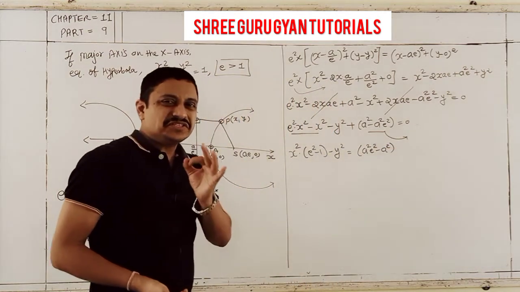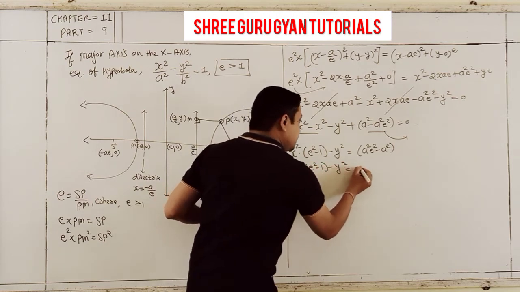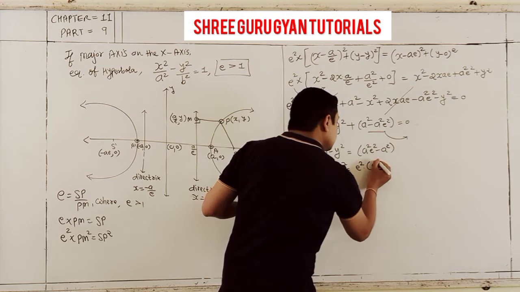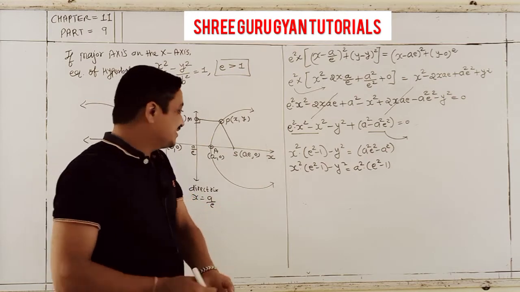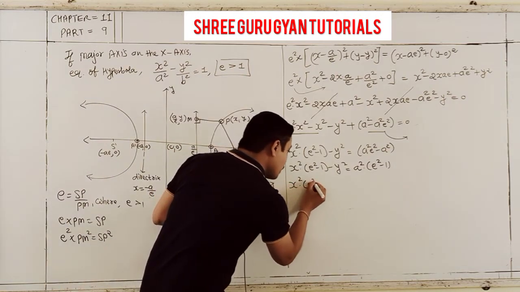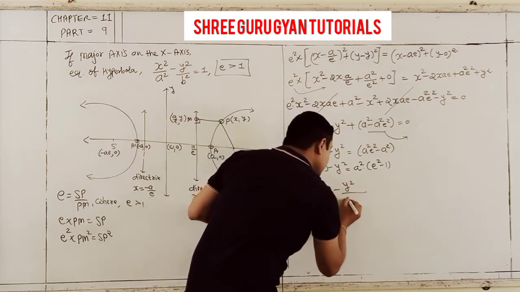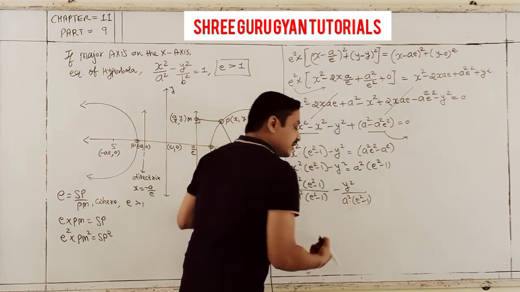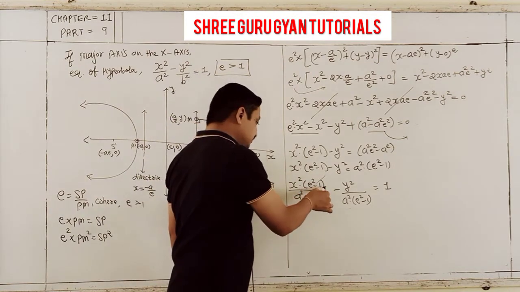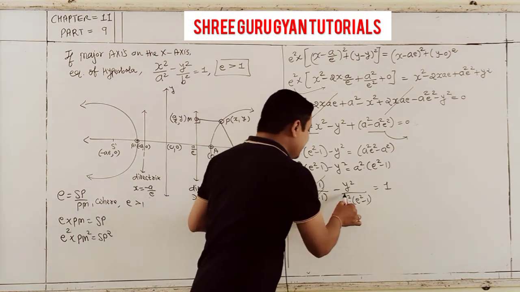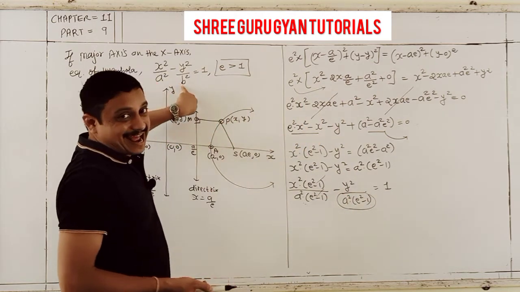Now it's very easy. You just take common on the right side, here a square common, a square (1 minus e square), which is minus a square (e square minus 1). Now you divide by a square (e square minus 1) and it is finished. So below x square we can write a square, below y square, a square (e square minus 1), and here just 1. But now students, this cancels, and here you can assume it is some number b square, that is your answer.